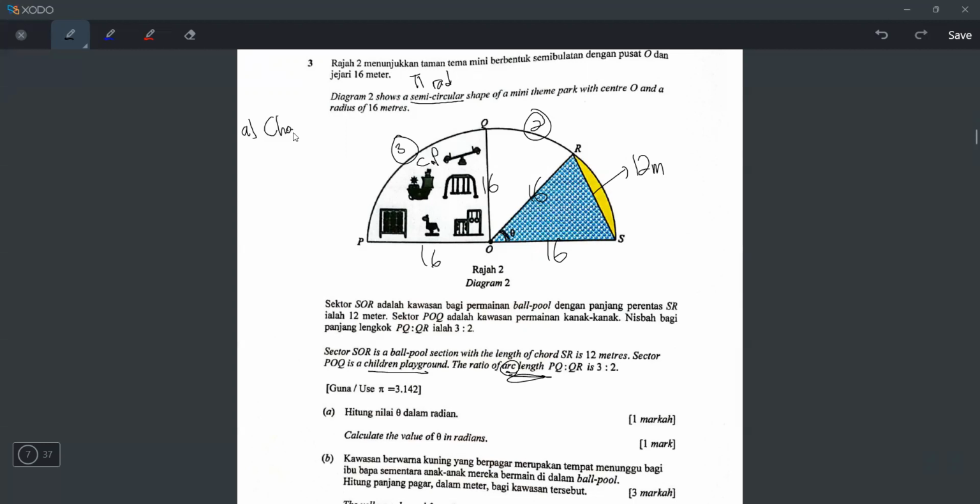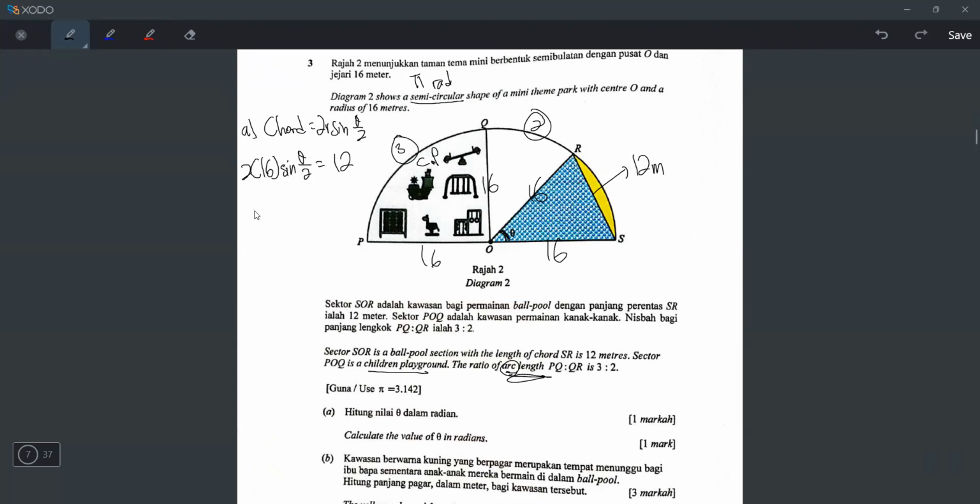And the chord formula is 2R sine theta over 2. We already know R is 16, and the theta over 2 is what you want to find. So 2 times 16 times sine theta over 2 equals 12, because the chord is 12. If I want to find theta, the answer will come out automatically in degrees, because there's a sine in front.